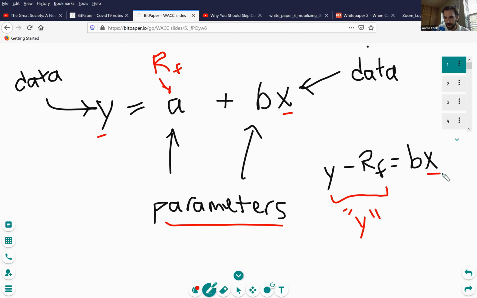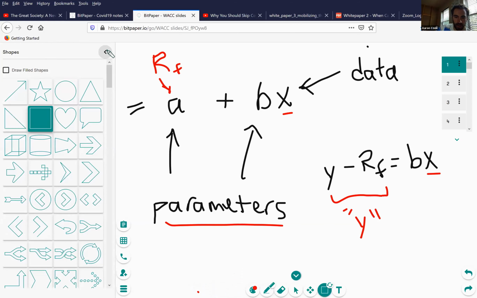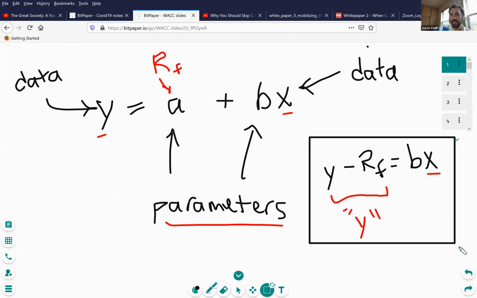So the structure of this new regression model is based on our knowledge of portfolio theory, knowing that the intercept term has to be equal to the risk-free rate.